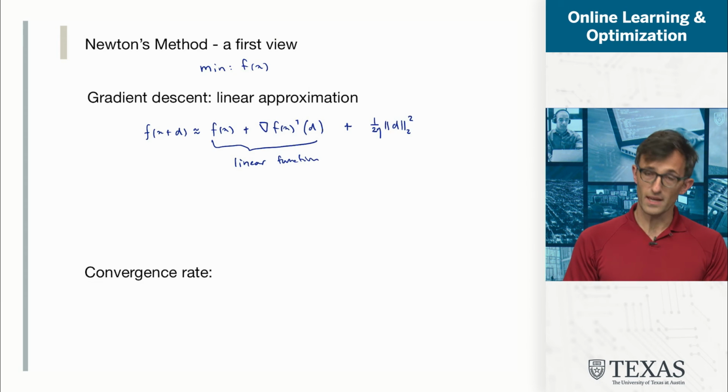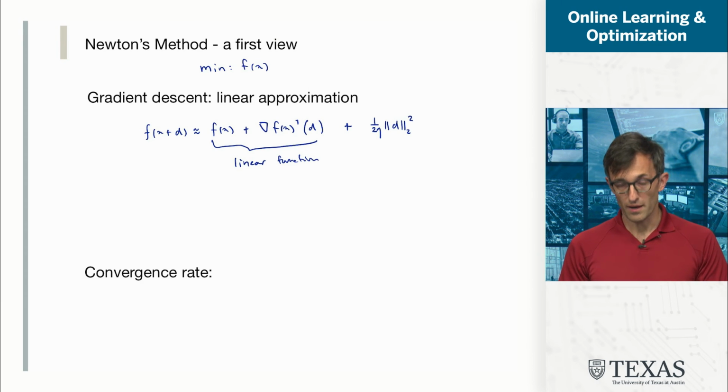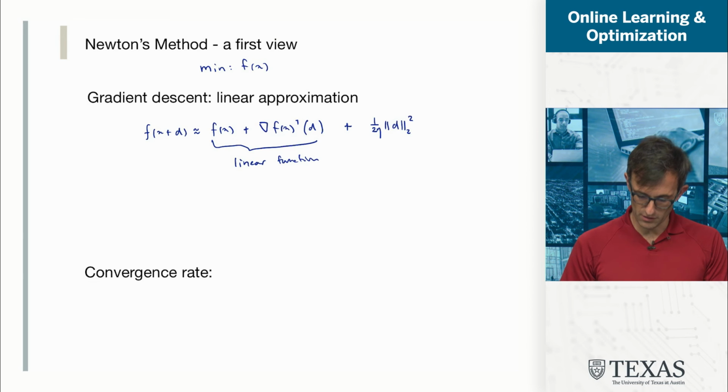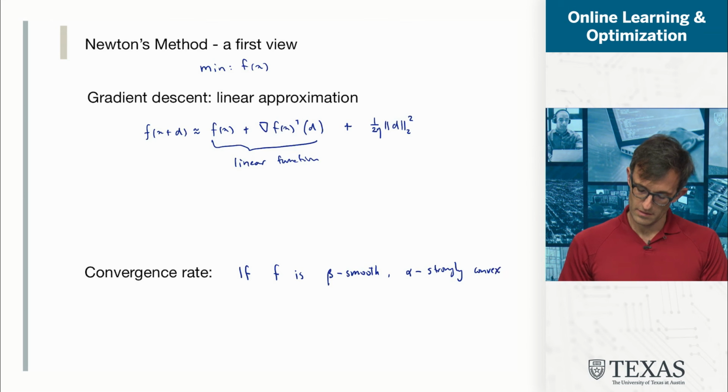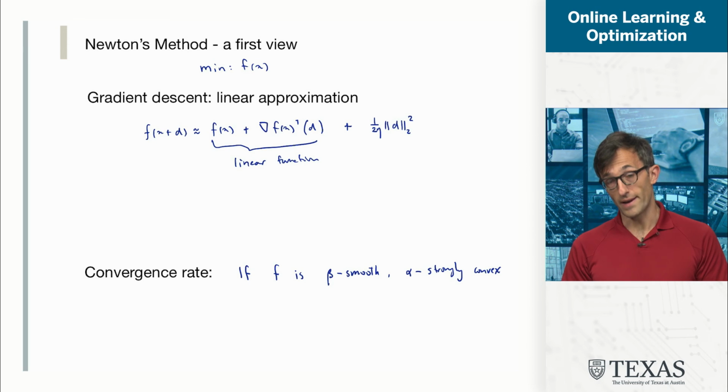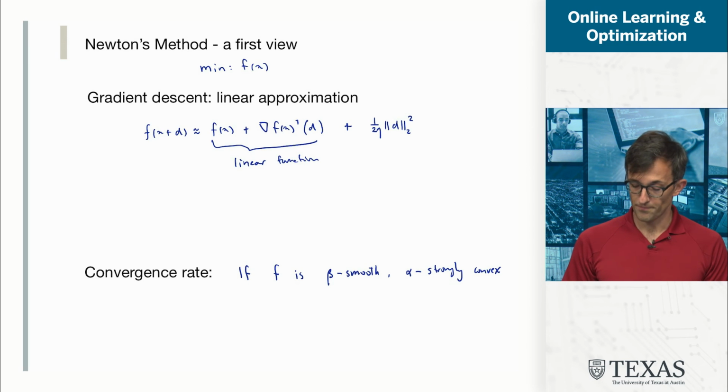In the best case, the convergence rate that we've derived for gradient descent is as follows. If f is beta smooth, remember this means that the gradients are Lipschitz, and alpha strongly convex, this means that there is a quadratic lower bound to our function.